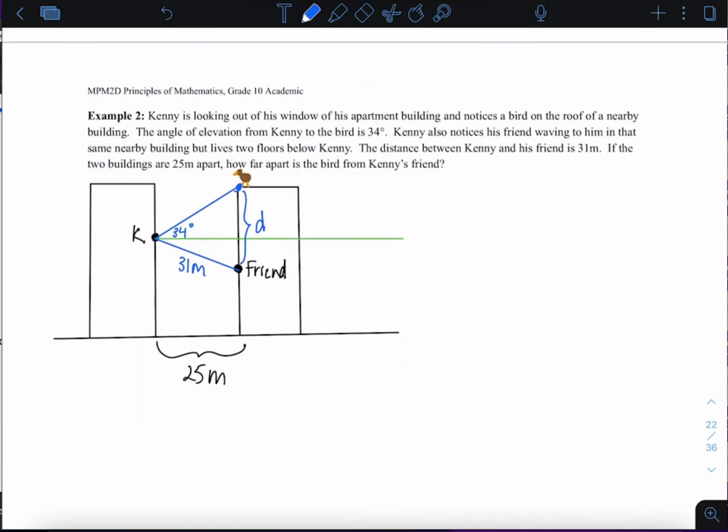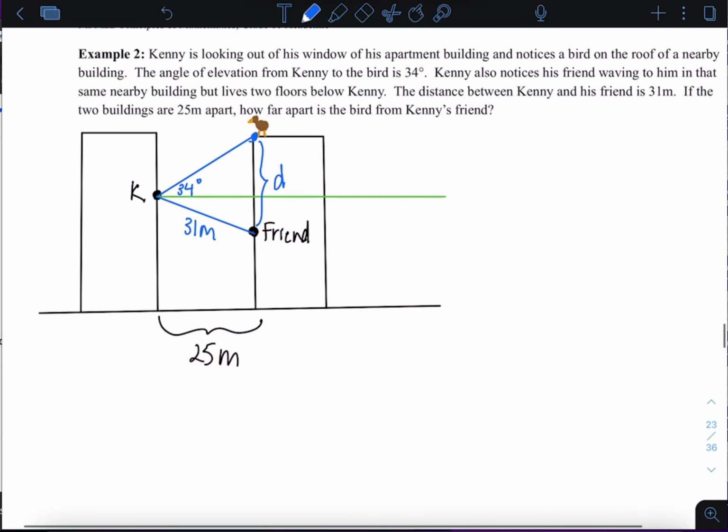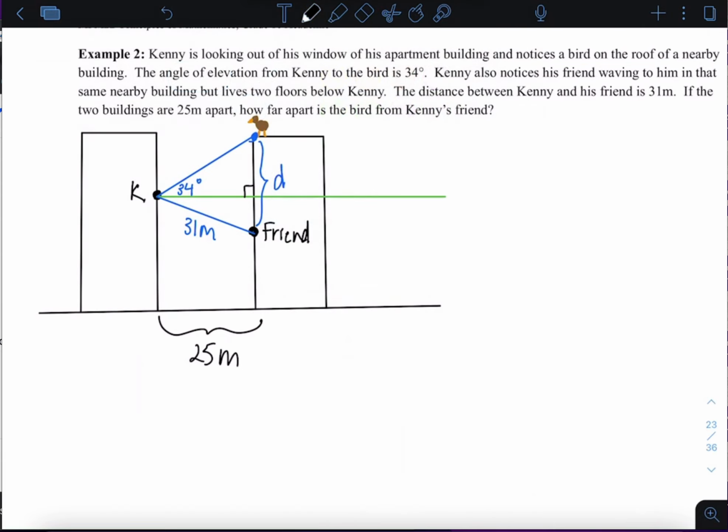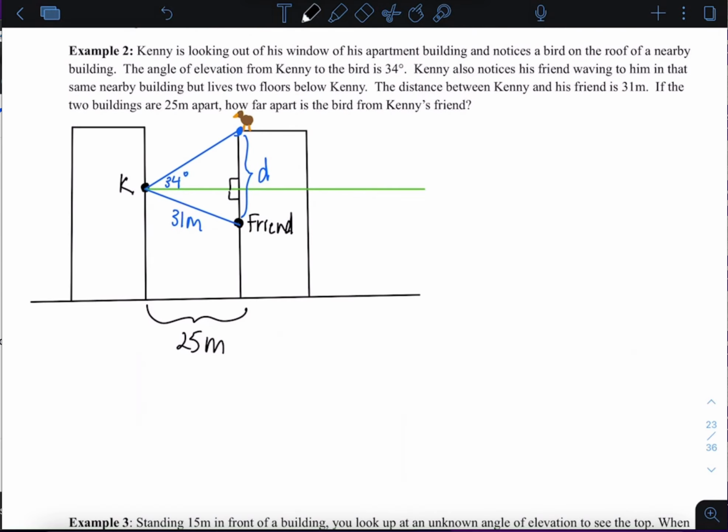So we could look at this a couple of ways, but what I know now about trig is that I really only know the trig of right triangles. So what I'm going to do is break this up into 2 right triangles. And I'm going to draw them here.